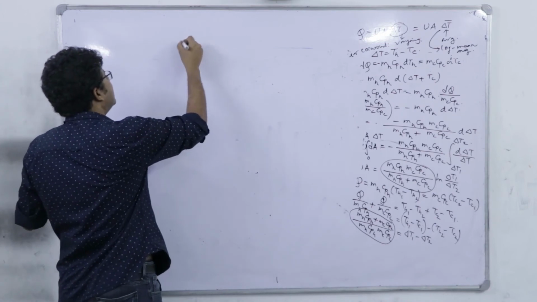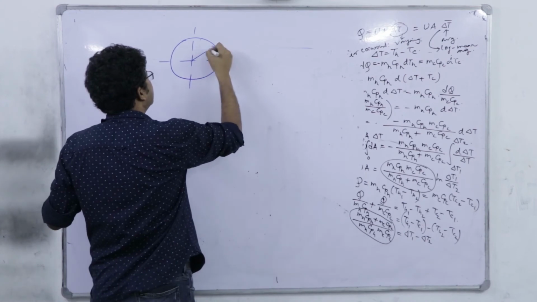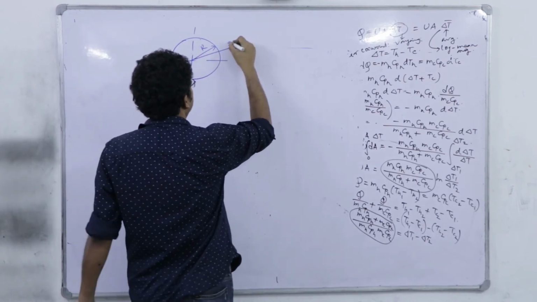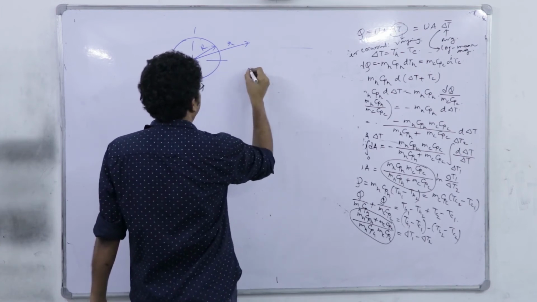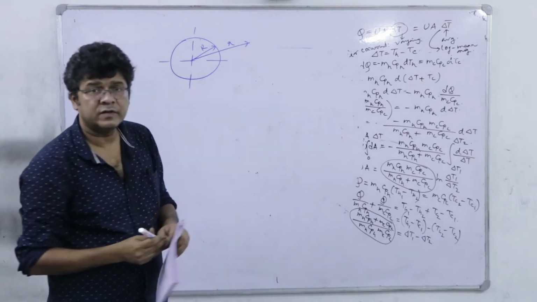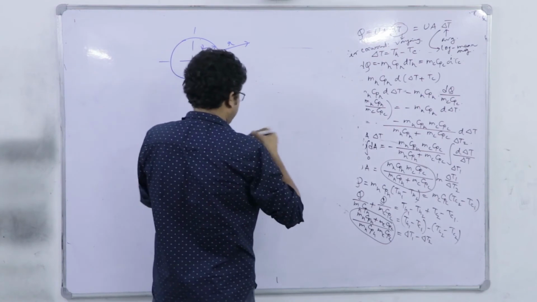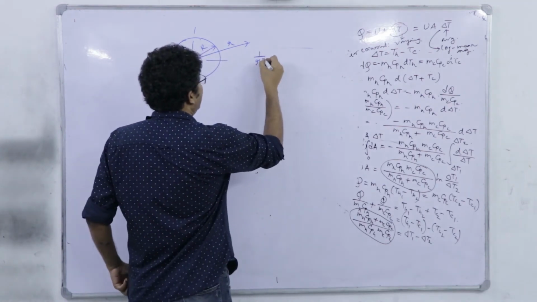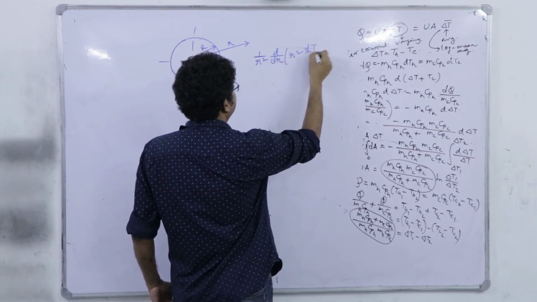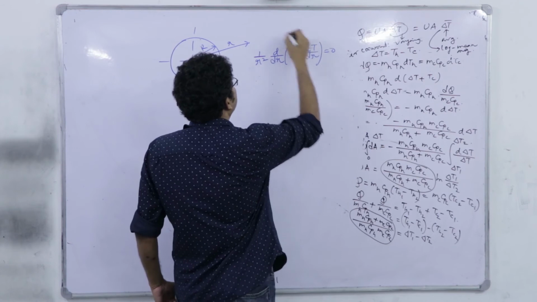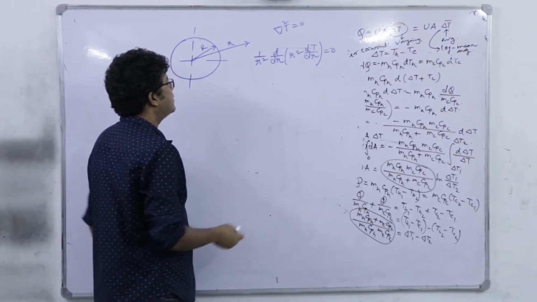See, if I think of a sphere of radius capital R and this is small r, right, radial coordinate, then we are going to solve this conduction equation, general conduction equation for spherical coordinate, and that is 1 by r square d/dr of r squared dT/dr is equal to 0, which is straight away the outcome of Laplace equation, right.